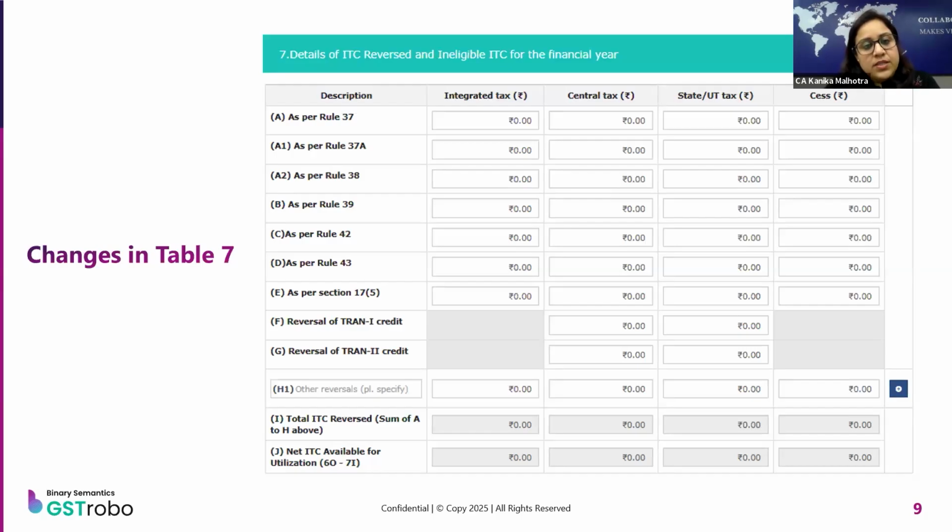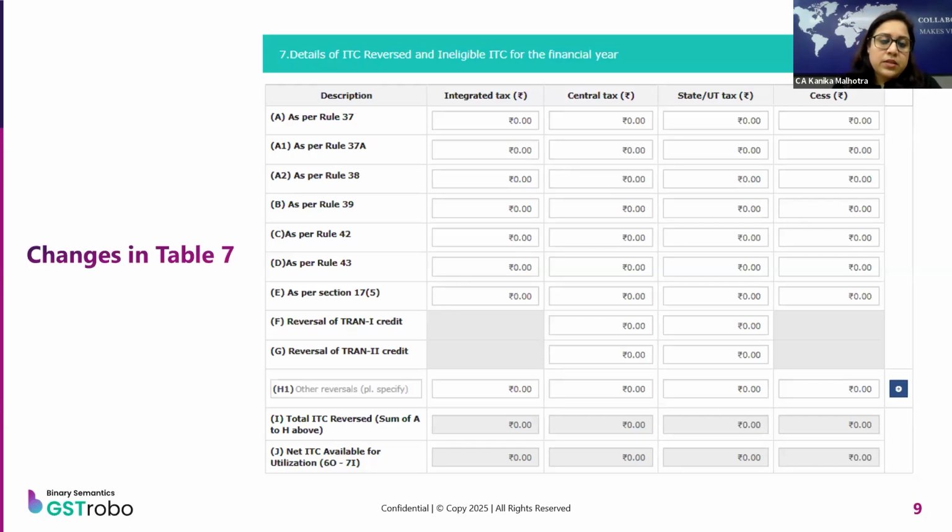17(5) talks about the blocked credits that have already been identified by the government, where it strictly shows all the categories of inputs specifically mentioned by the government which you are not entitled to take credit of.